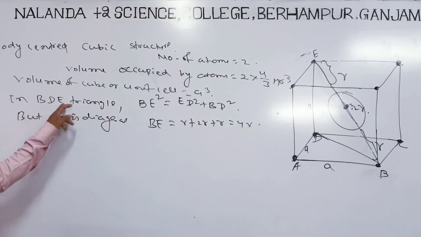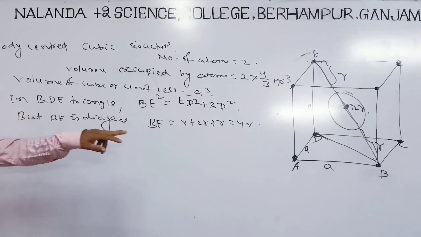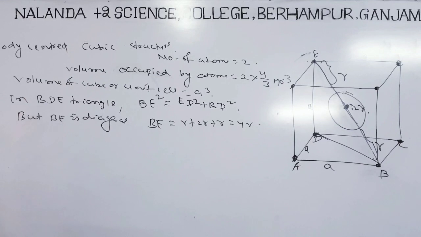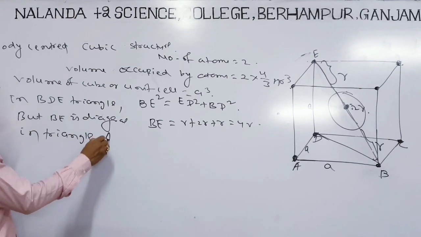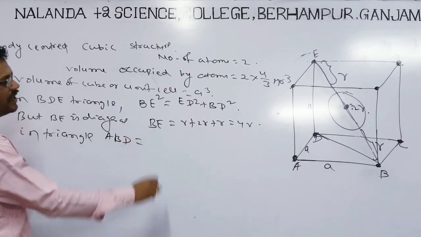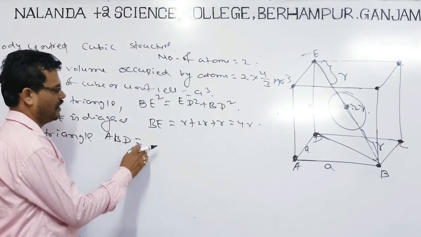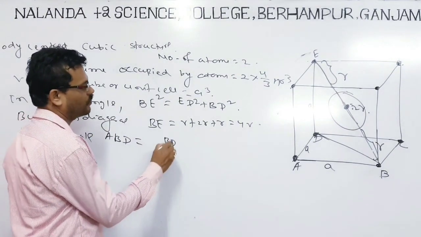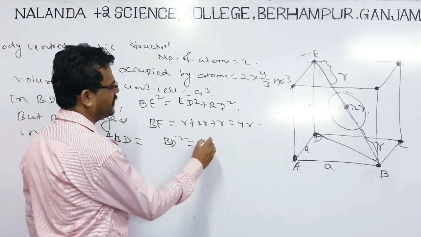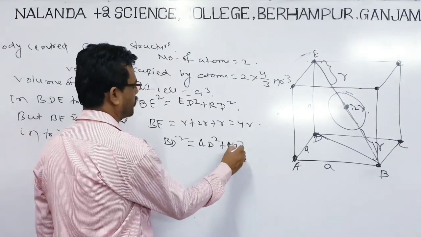Just like that, if you take triangle ABD, we can say BD square is equal to AD square plus AB square.